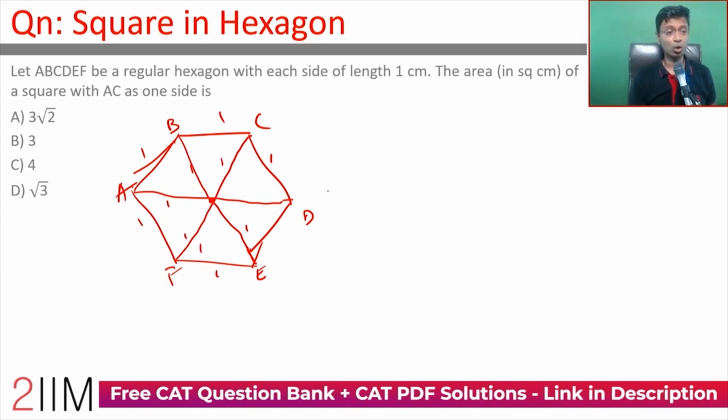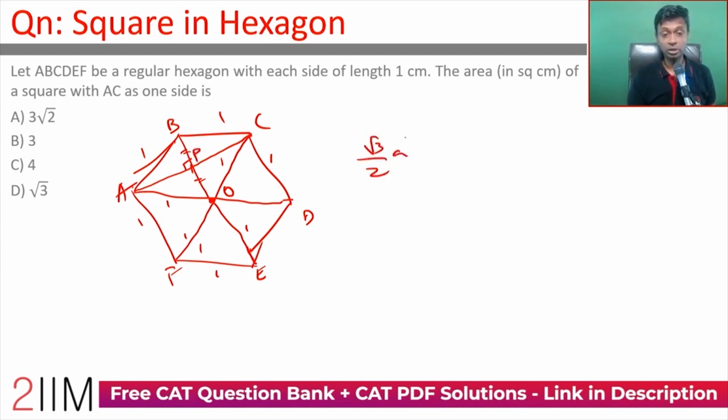Right? Area of a square with side AC as one side. This AC. Think about this. We call this O. ABO is an equilateral triangle. ABCO is a rhombus. So this will be perpendicular and equal. So this will be root 3 by 2 times this. Altitude of equilateral triangle is root 3 by 2 a.